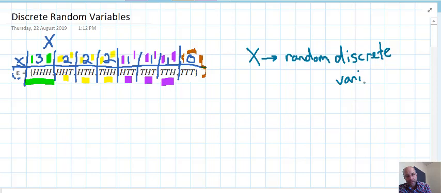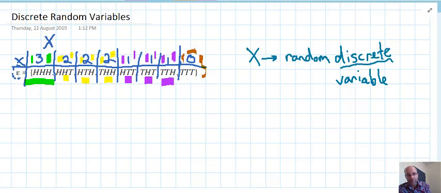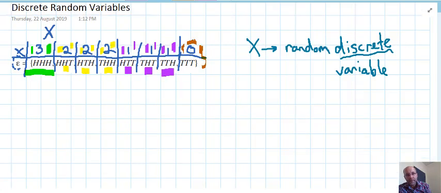We're talking about random ones in this video, so it's the random discrete variable. Its possible values are 0, 1, 2, and 3 in this case. Remember, discrete variables have specific values and they can't have anything between those specific values. Usually it's countable things. That's usually the way of telling, as opposed to measurable, so countable.